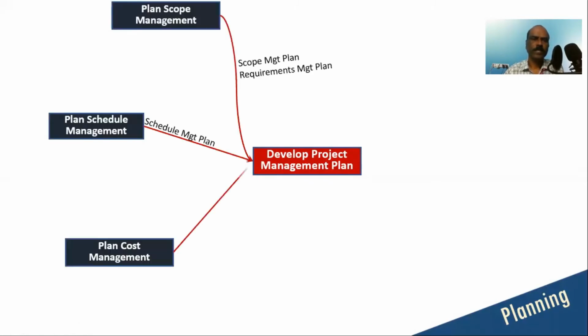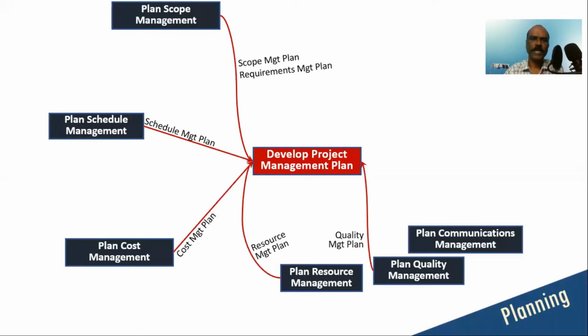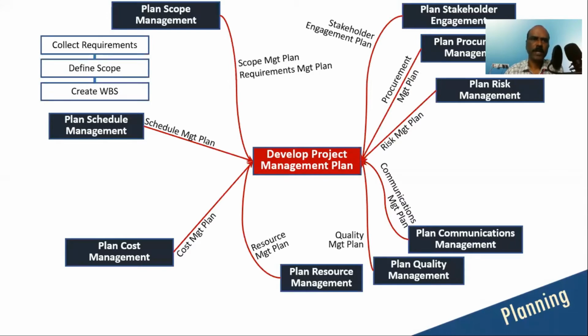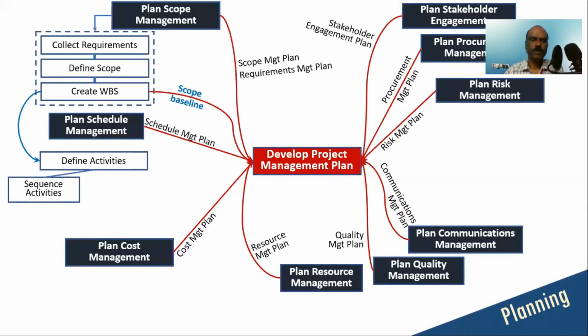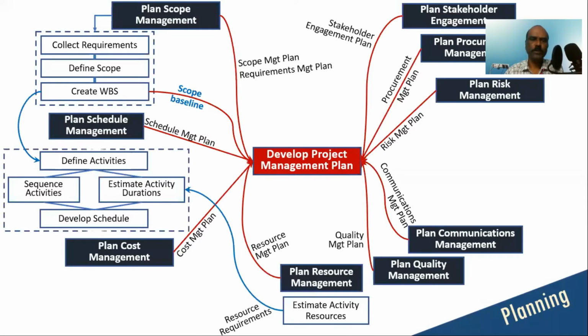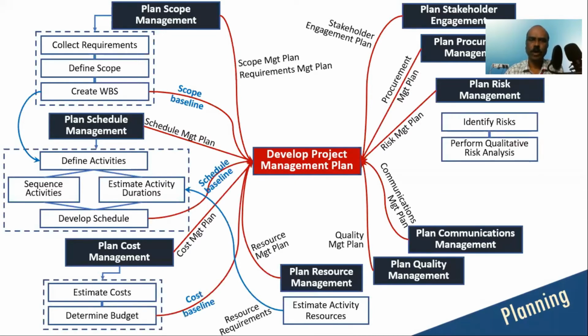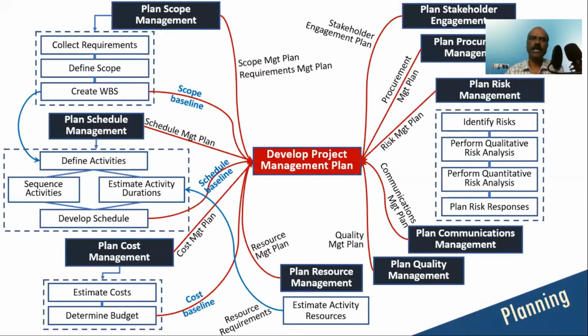So you can see here many processes are sending inputs to develop project management plan process. Correct? So all these inputs, PMI just uses one word or one short phrase saying that outputs from other processes. So what are the outputs from other processes?